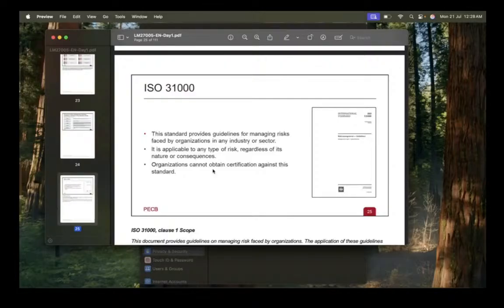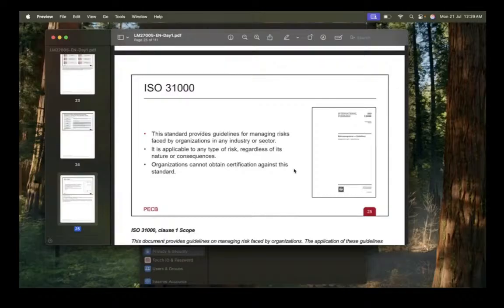It is also similar to 27001 and 27005 because it is applicable to any type of risk, regardless of its nature or consequences. Also, the third point, if you can see, is that organizations cannot obtain certification against this standard.